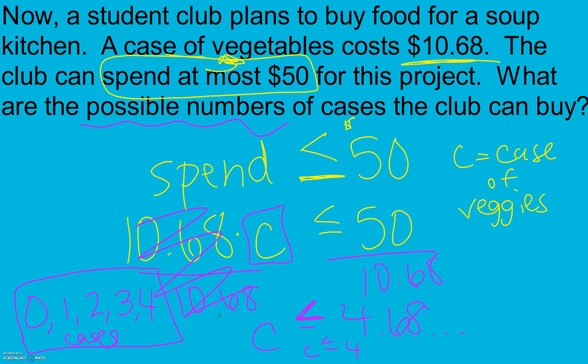So you could put C less than or equal to 4 whole cases. Or since it's just a small amount of numbers, you can list them out: 0, 1, 2, 3, or 4, and those are our only options.